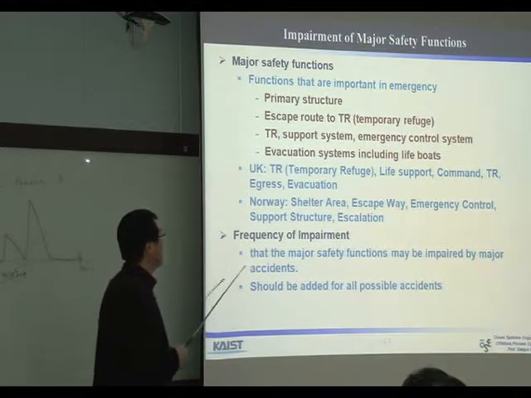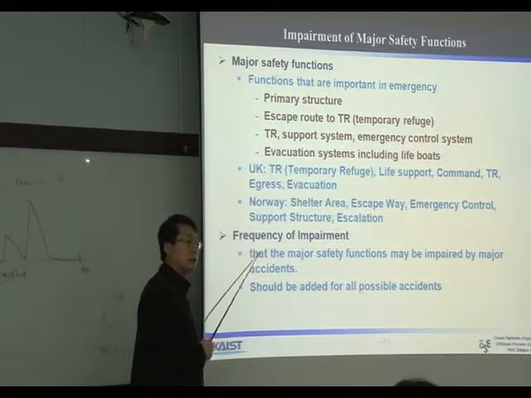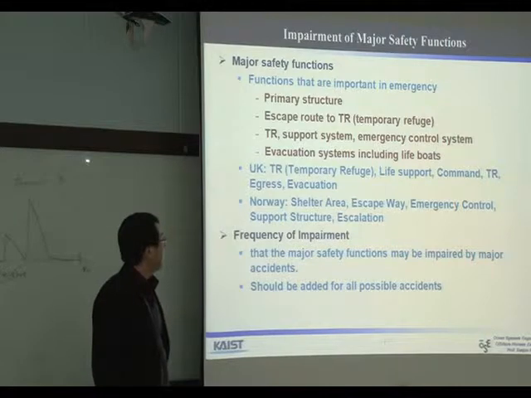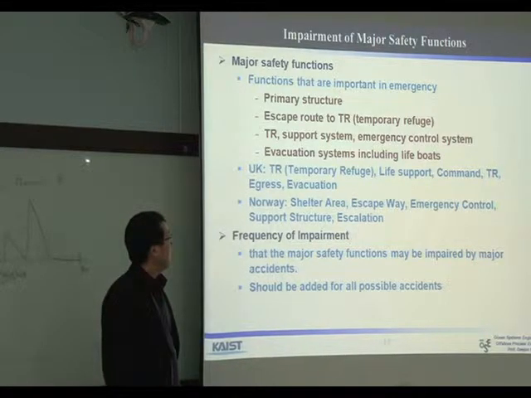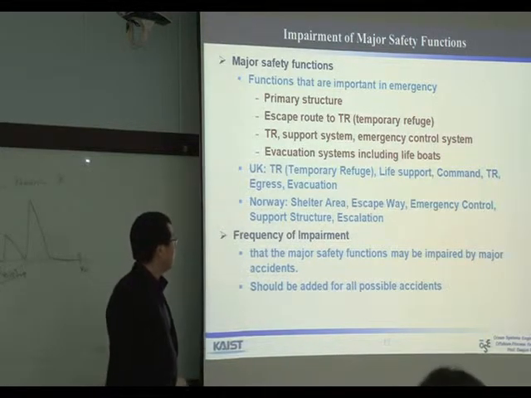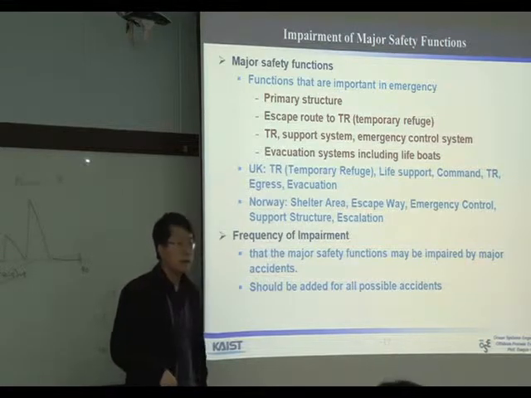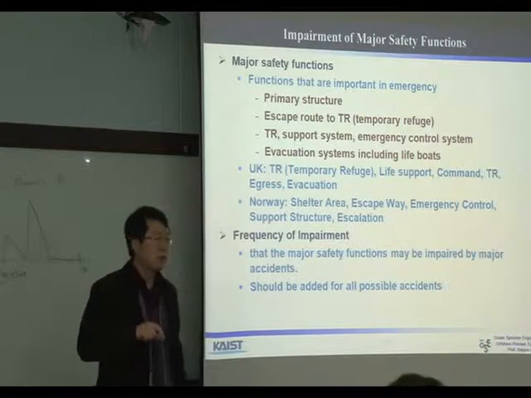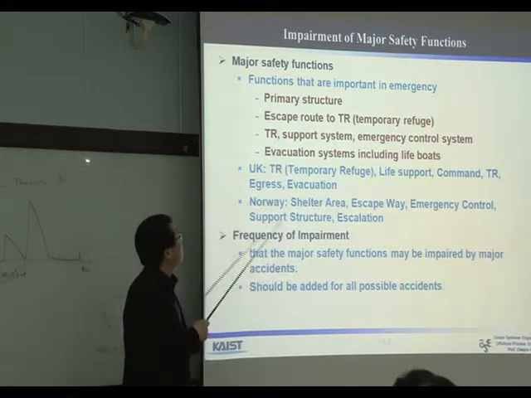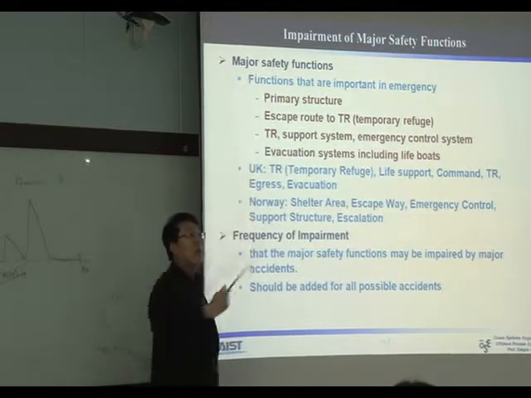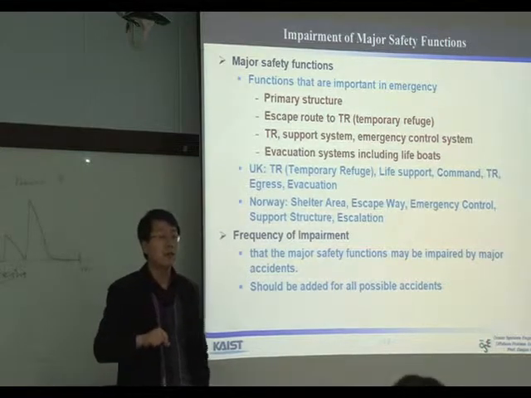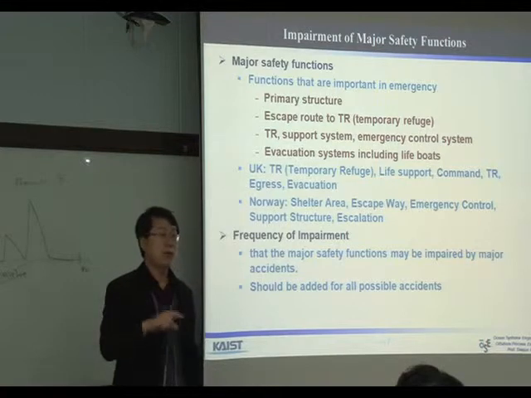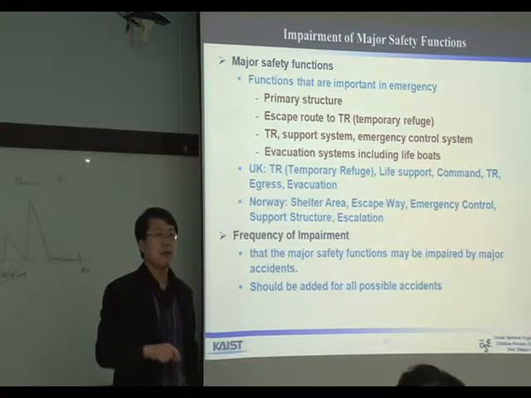So what is the frequency of impairment? It is that the major safety function may be impaired to some extent, and this should be assessed for all possible extents. So what I mean is that if the major safety function is strong enough, we can save most people in the area.